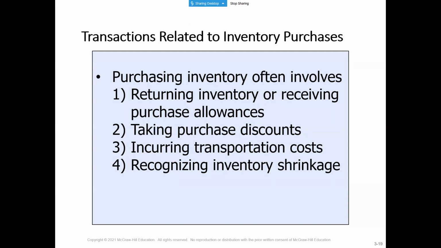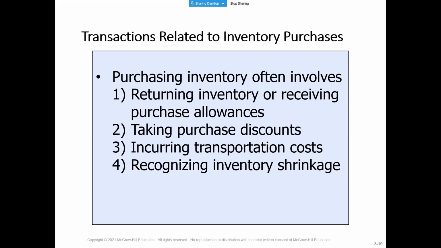So our transactions that can be related to purchasing inventory: go to a Walmart, you always have people returning items. So you do need to calculate and account for returning inventory or receiving purchase allowances.